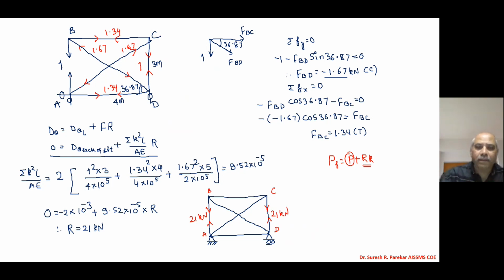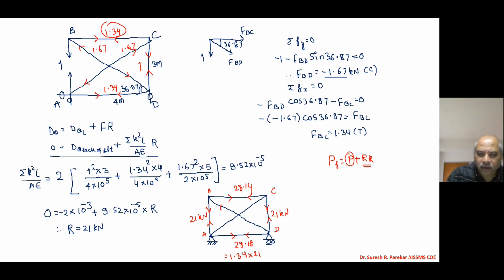Now we have BC, so we have 1.34 into 21, which is 28.14. This is also tensile. So we have 28.14, again tensile. How will we calculate it? We have this 1.34 and we have R into K, so 1.34 into 21.